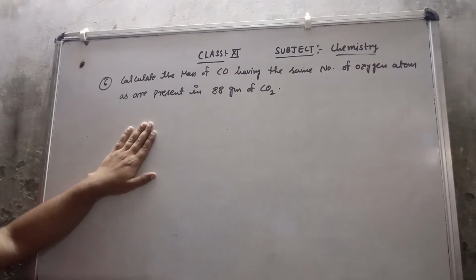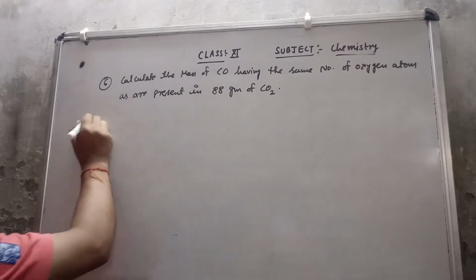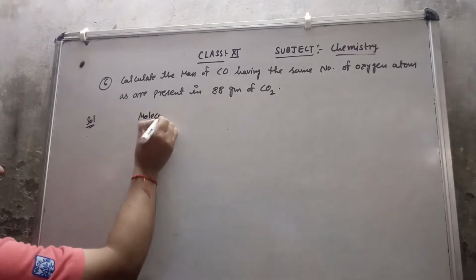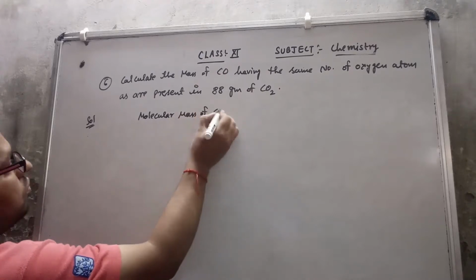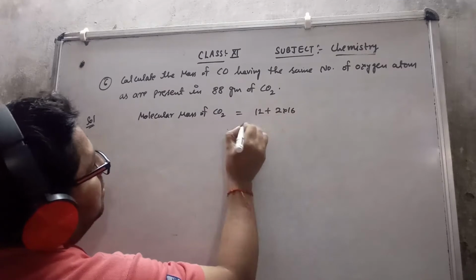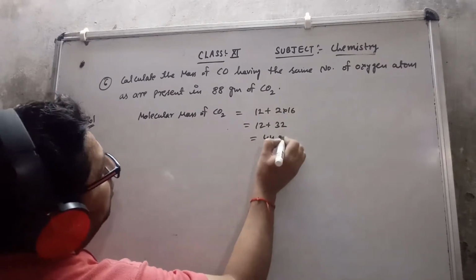To find that out, I want to find the molecular mass of CO2. If I find out the molecular mass of CO2, this is 12 plus 2 multiplied by 16, 12 plus 32, this is 44 gram.